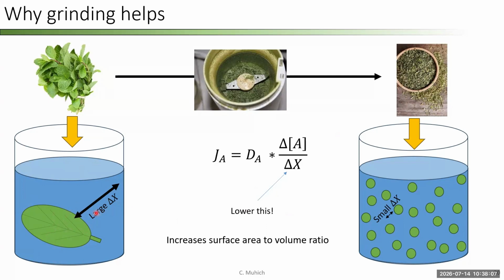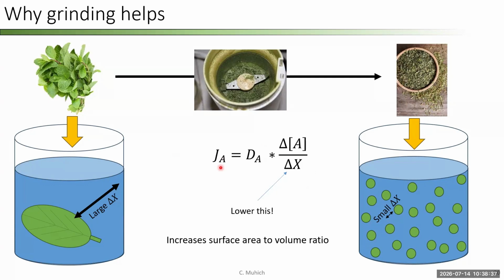So I end up having large dx's in terms of flux, versus when I have ground material, the distance that these molecules need to go to be as far away as possible from any other molecules is much smaller. So I have a smaller dx, larger flux. Okay, so grinding is really useful. I increase my surface area to volume ratio.